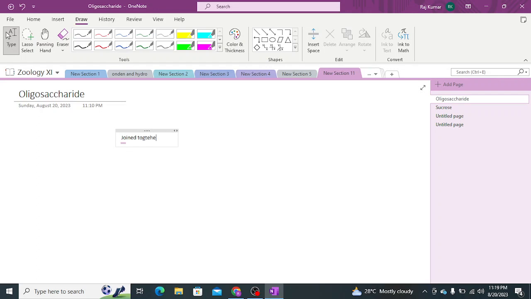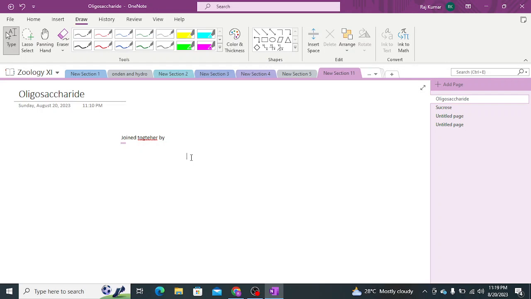Monosaccharides are joined together to form oligosaccharides by the glycosidic linkage, and there are types of glycosidic linkage as well, which we're going to study further on the basis of the structure of the particular monosaccharide. So inside the oligosaccharide, there's less taste, and they are less soluble in water.